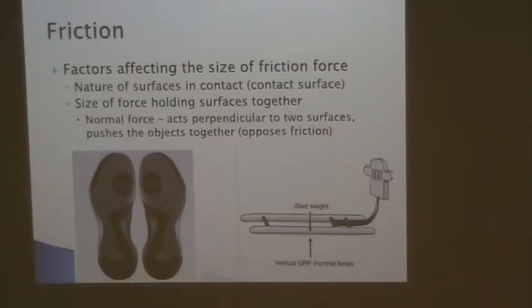So, my hand versus the bat. Those are the two surfaces contacting each other. I could change those. Okay, I could put on gloves. I can put powder on. I can put something on the bat.